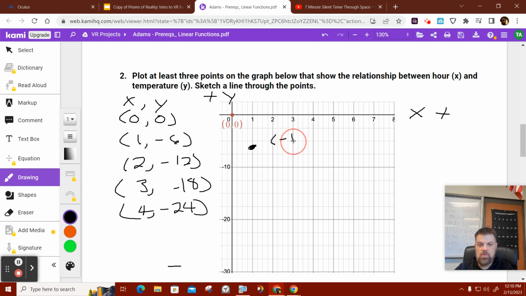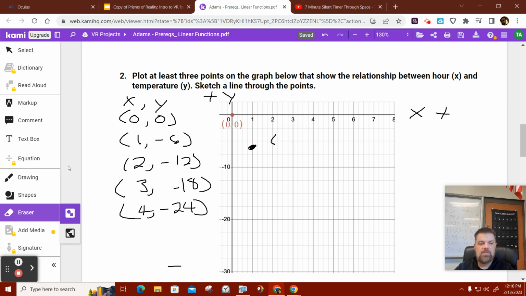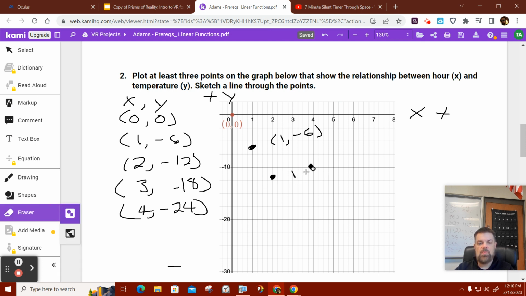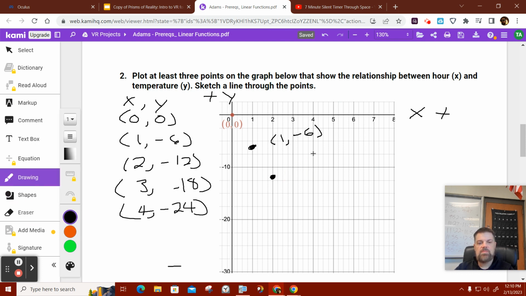And from there, the next one is 2, negative 12, which would be about right here. And then the next one, what do I plot?